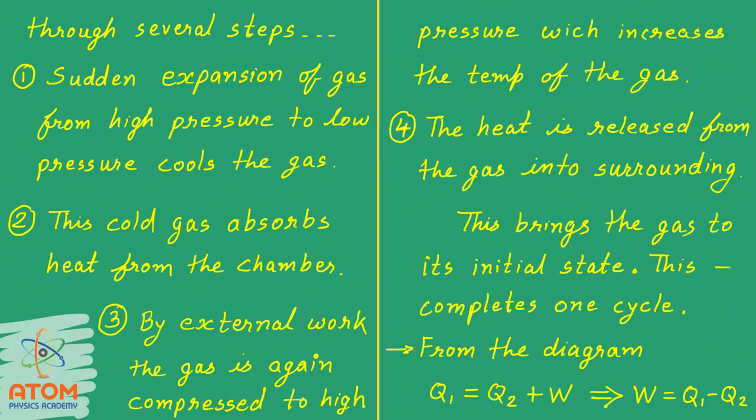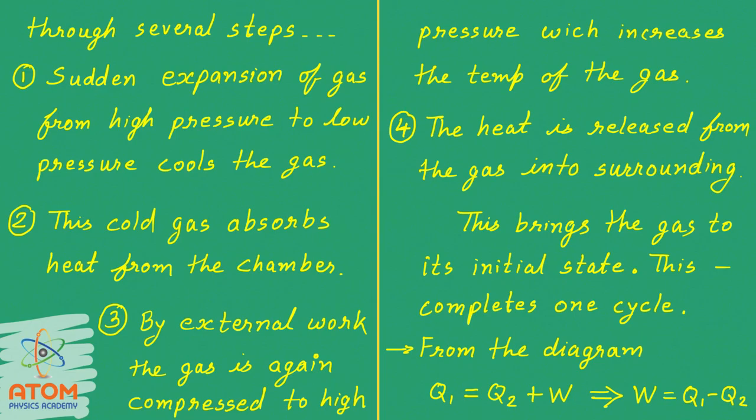Now this cold gas is passed through the chamber of the refrigerator inside, and so it absorbs the heat from the chamber. Third, by external work, the gas is again compressed to high pressure, which increases the temperature of the gas. Now, here you might be aware that every fridge is having one sort of compressor.